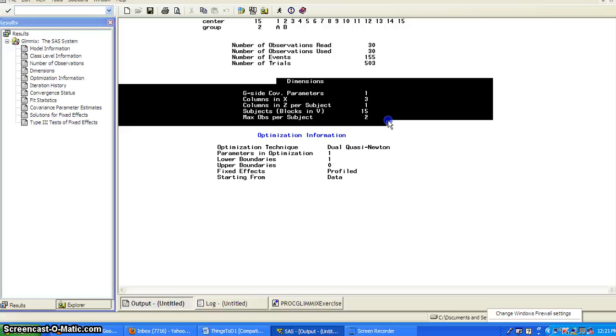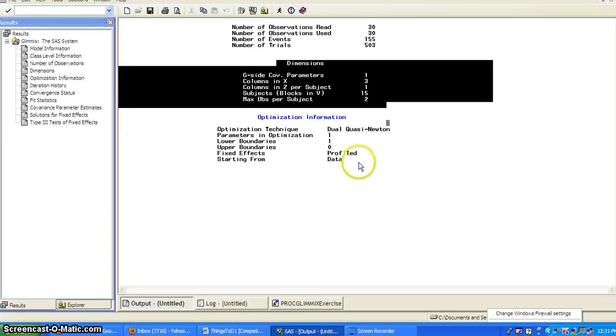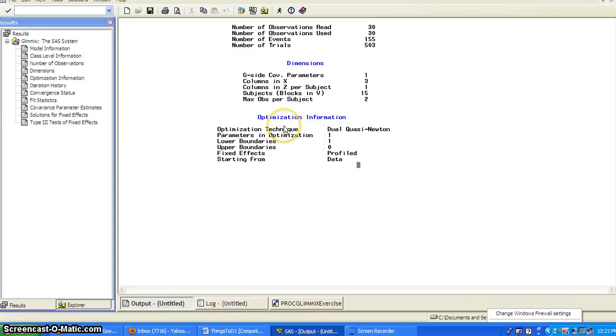And you have the dimensions for the different types of parameters you're estimating. It tells you the optimization information, the technique, and there are a bunch of other techniques. Look into the PROC GLIMMIX documentation, and you can find there are different types of optimization techniques.